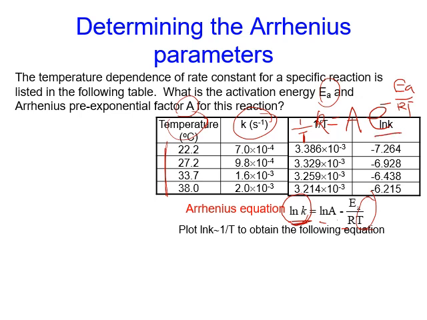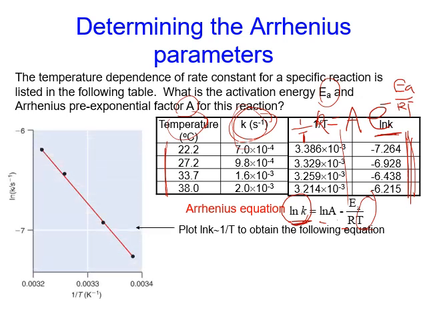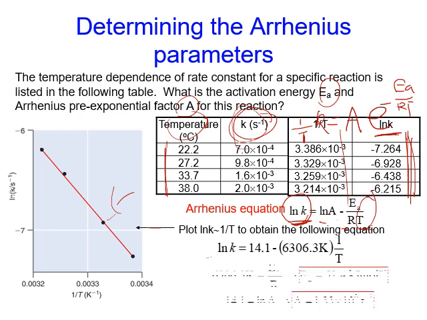The other is ln K. Take the ln of this column, and then plot ln K versus 1 over T, and that's the plot. You can see it's a straight line, and the equation from this plot gives us the slope.